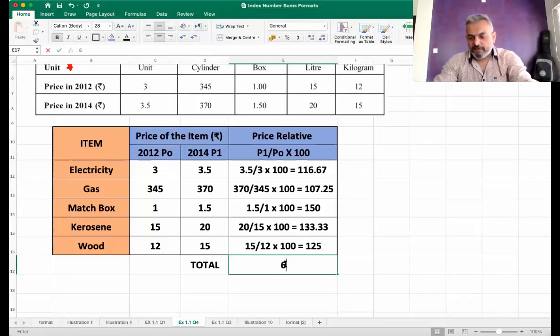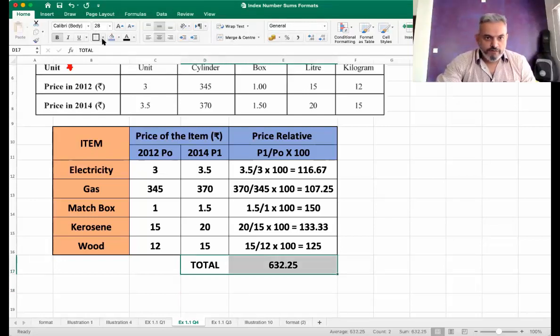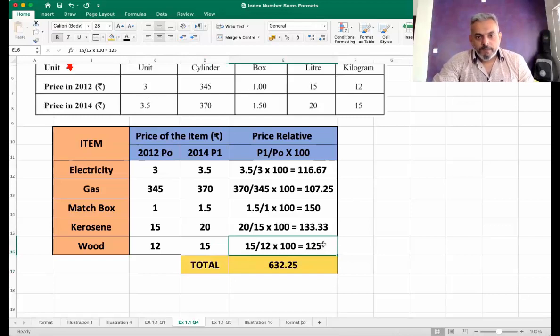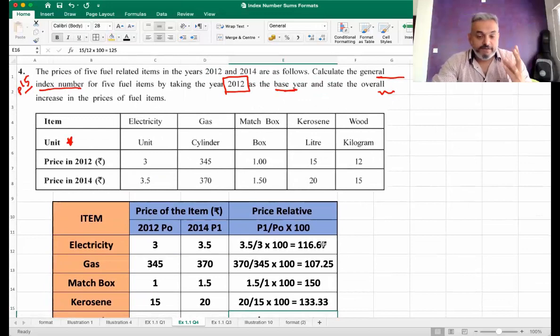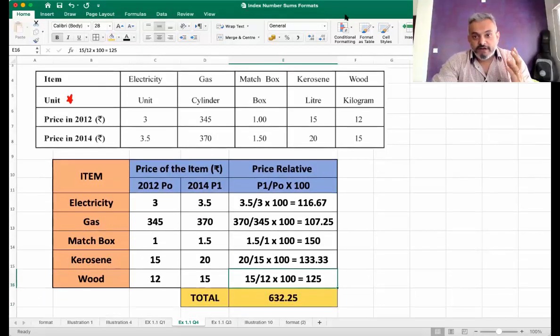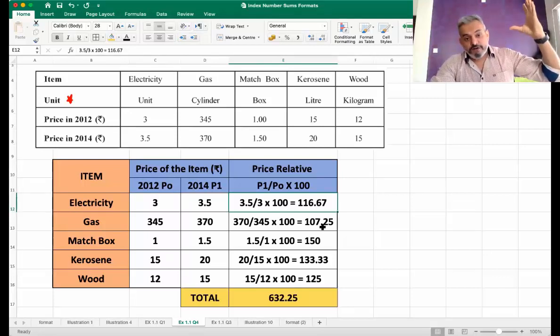So it comes to 632.25. So this is the total, 632.25. Now, first thing is we find overall, that is general price index. Now, pay attention please. See, electricity price increased by 16.67%. Gas only 7.25%, matchbox 50%, kerosene 33.33 and wood 25.